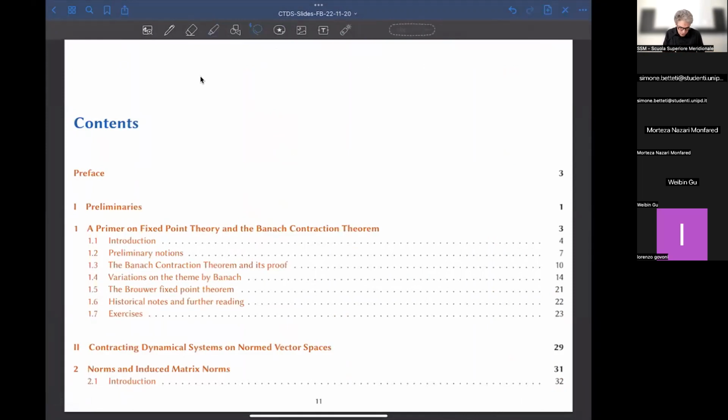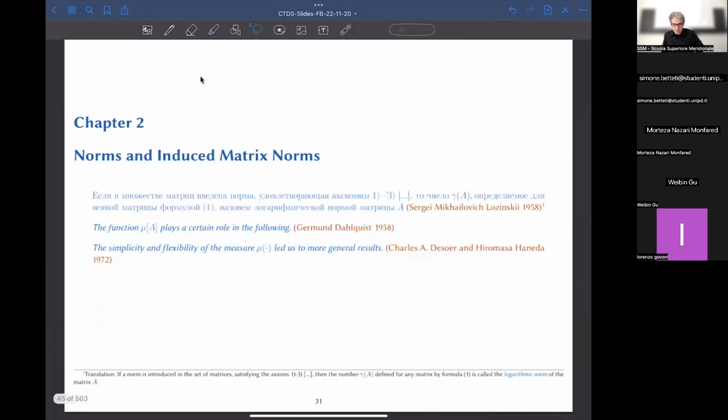And this has to do with norms, right? So let's talk about these induced norms, and specifically the one that is less widely known, the induced log norms. Log norms were introduced in the late 50s simultaneously by Lozinskii and by Dahlquist.